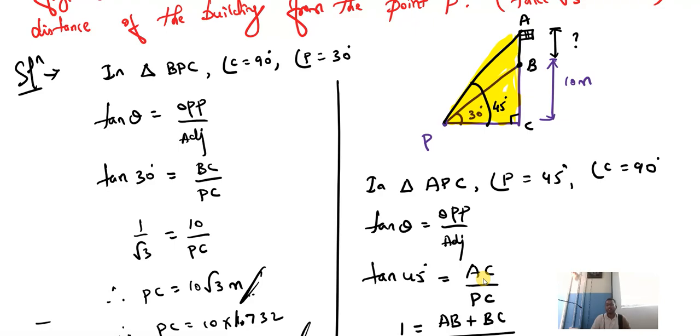Next point: let the distance between point P and the building be PC.